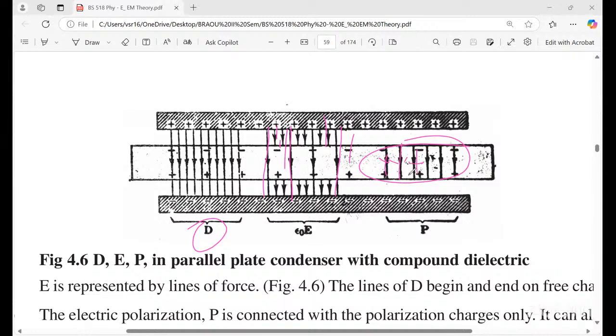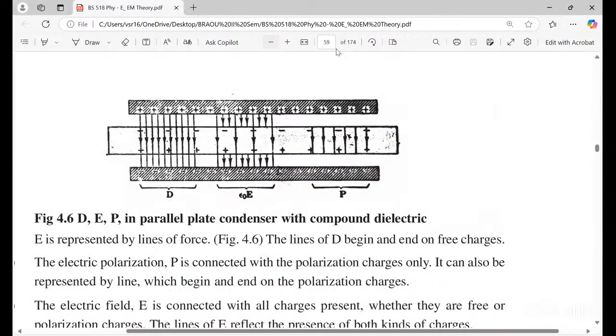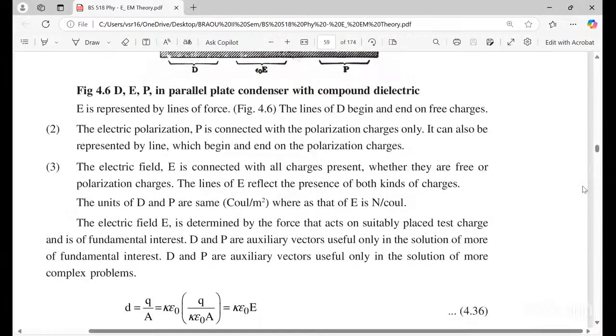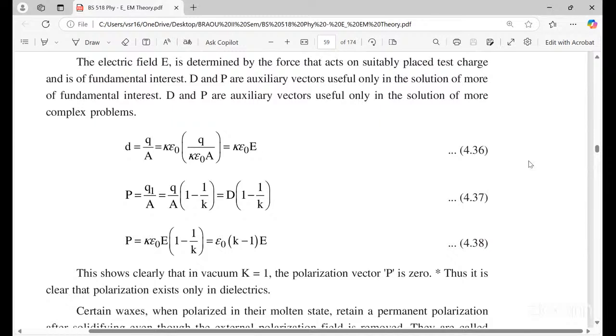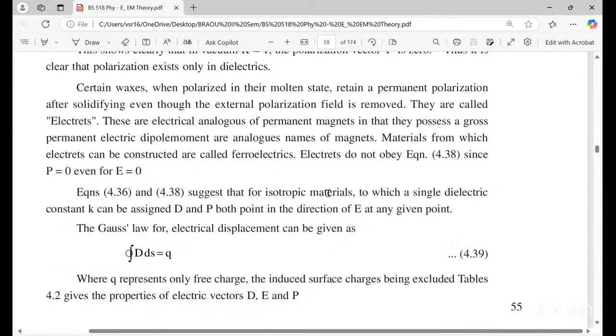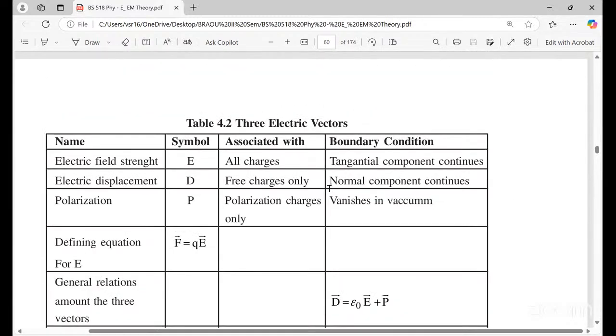Okay. So induced charges you may observe, that is to be considered as polarization. So according to the relation, D equals Q by A, P equals Q dash by A, and by simplifying this, you will get the relation. This is very, very important.